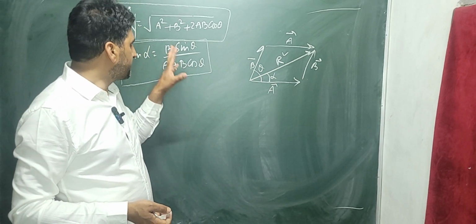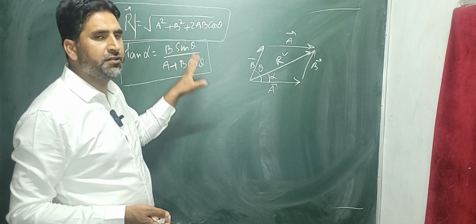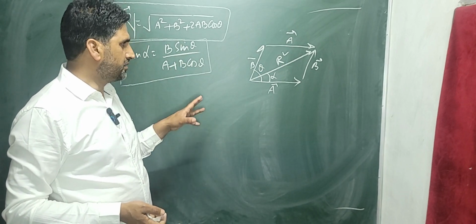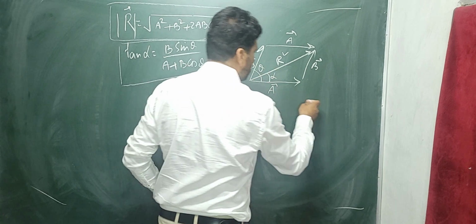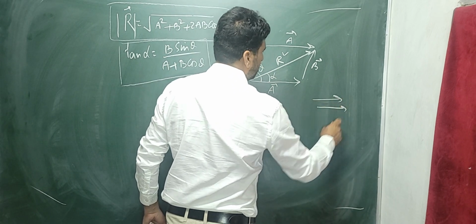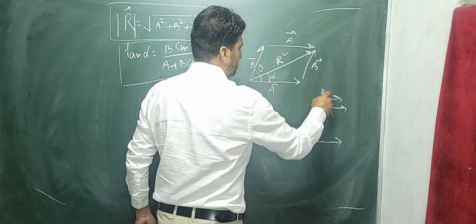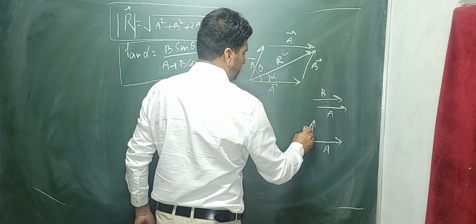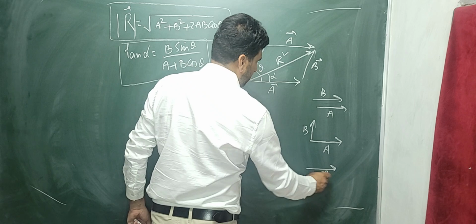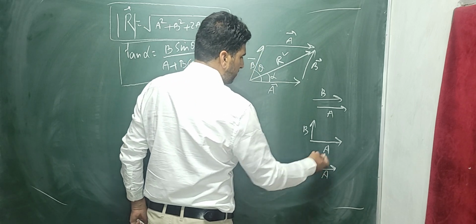But let us discuss a few special cases. Suppose two vectors are parallel, or two vectors are mutually perpendicular, say this is A and this is B, and this is A, this is B. If two vectors are anti-parallel, then what will be the condition?